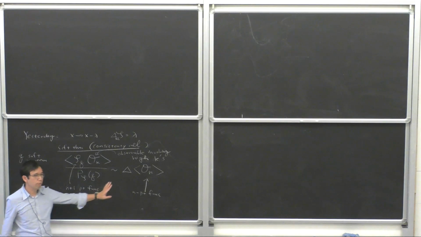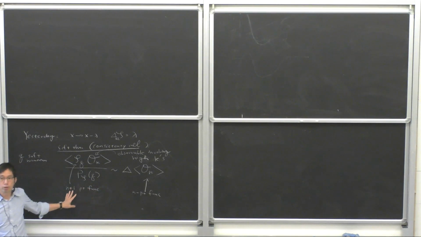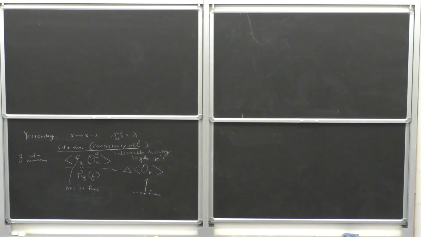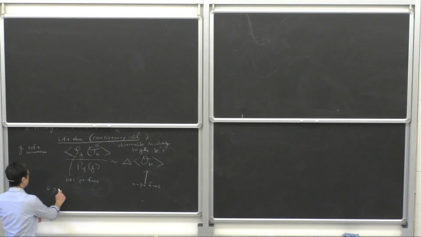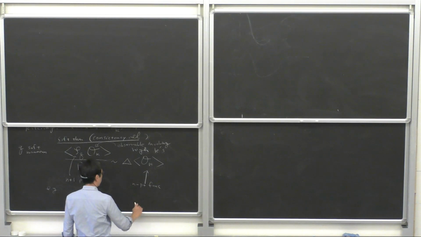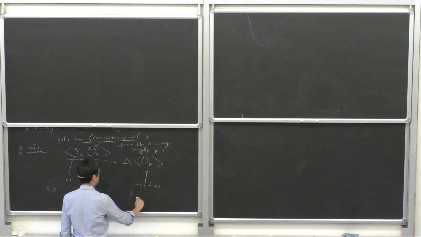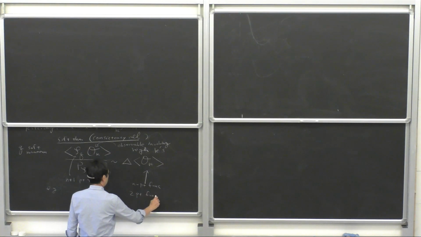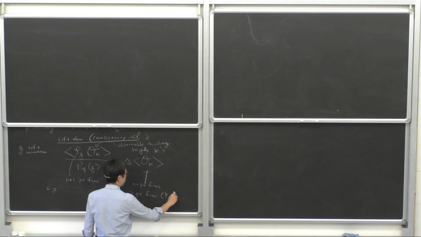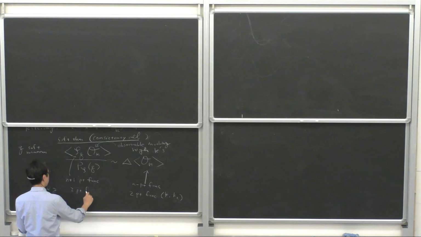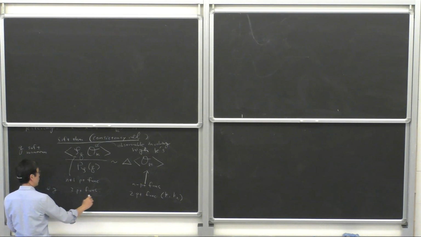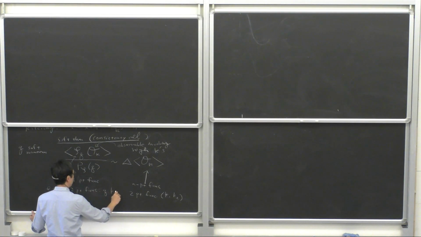It relates an n-point function to an n plus 1 point function, where the additional one is very soft. So the example that we did yesterday was a 2-point function with momenta k1 and k2. And then on the left-hand side would be a 3-point function with momentum q, k1 and k2.